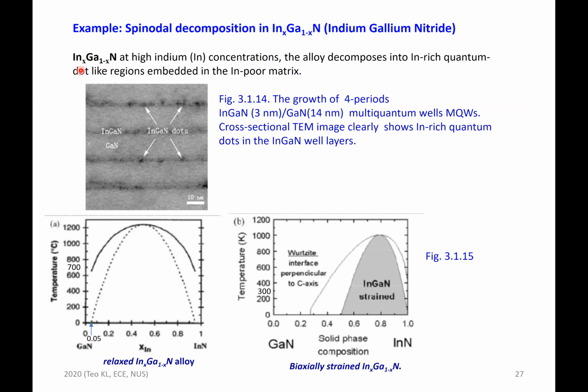It becomes indium 40% and gallium 60%. These are the dots in the indium gallium nitride. And the original layer, which we call the matrix, will have a deficiency of indium. So those layers will have indium-poor indium gallium nitride, or we call that the indium-poor matrix.